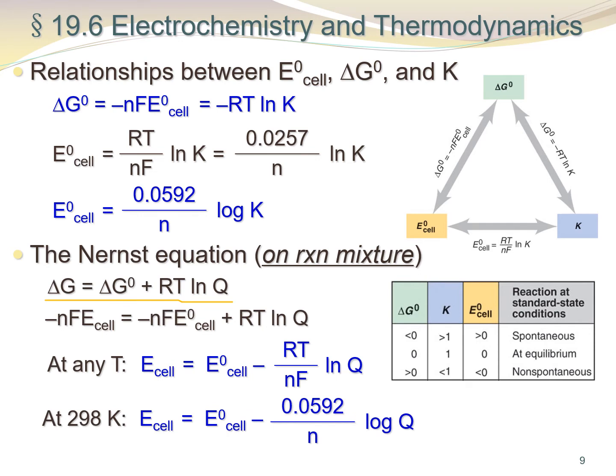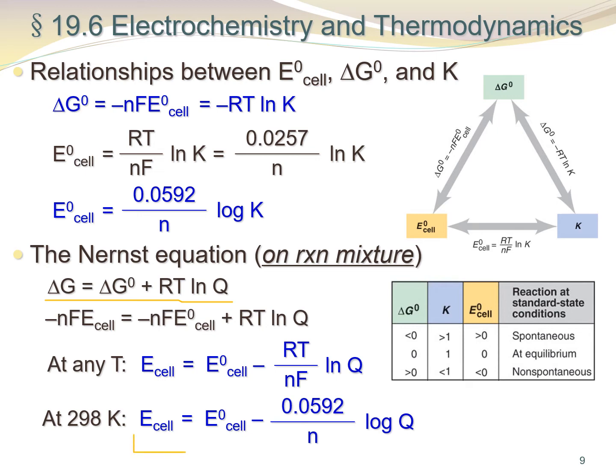At 298 Kelvin, while the other things could be different, R, T, and F all become constants, so we use 0.0592 to replace all three.